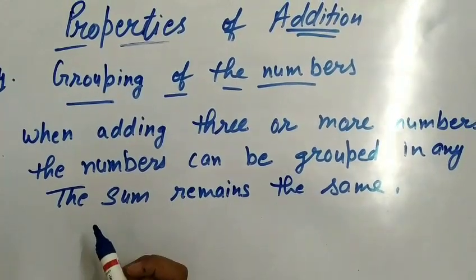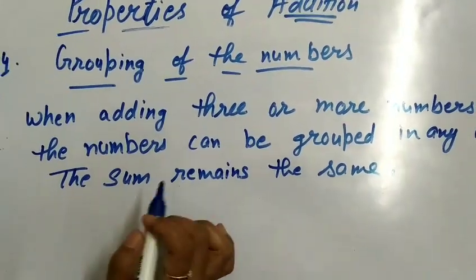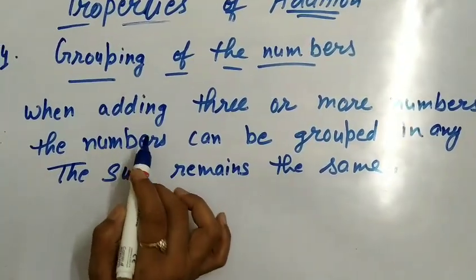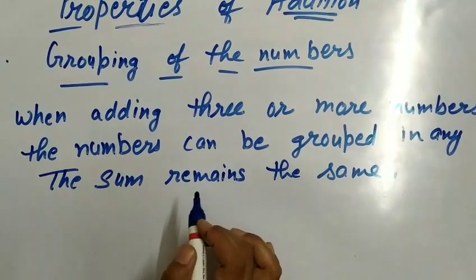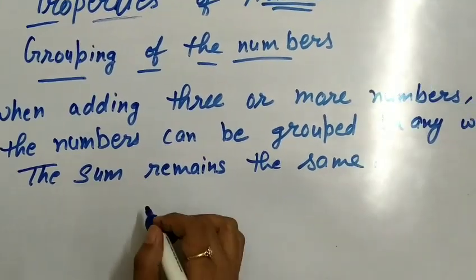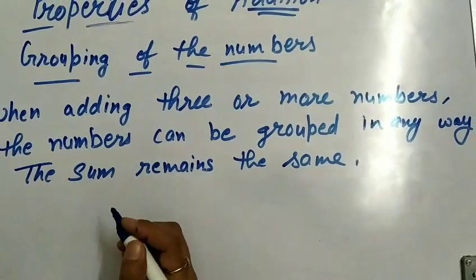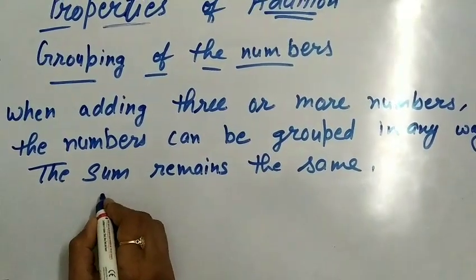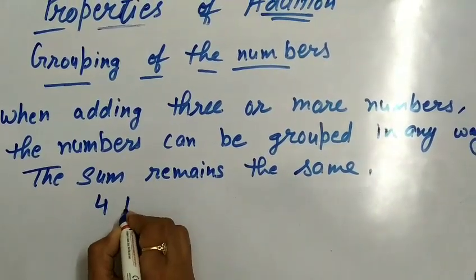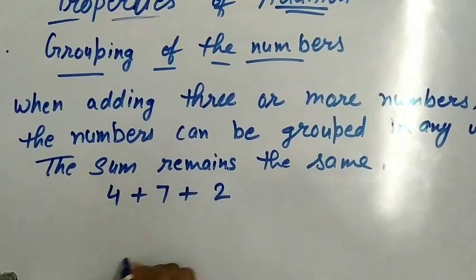Now see the fourth property, grouping of the numbers. What is it? When adding 3 or more numbers, the numbers can be grouped any way. The sum remains the same. Firstly we will discuss it for small numbers. The numbers are 4 plus 7 plus 2.